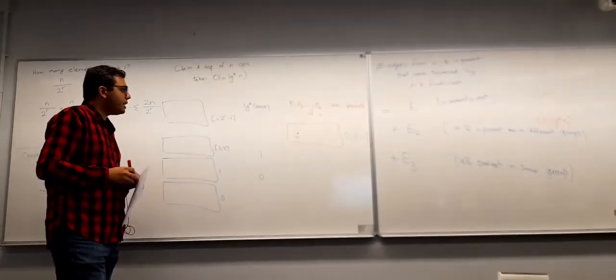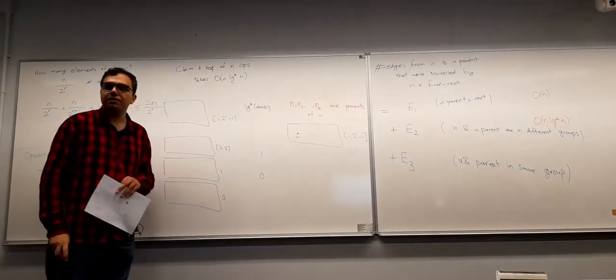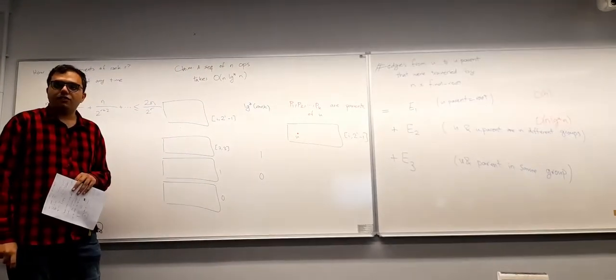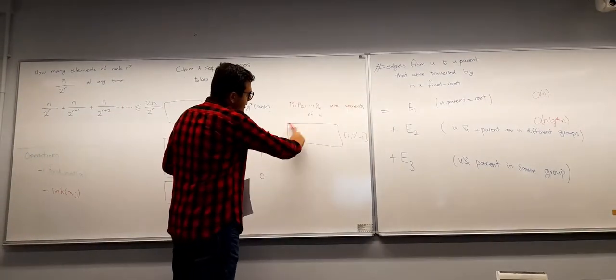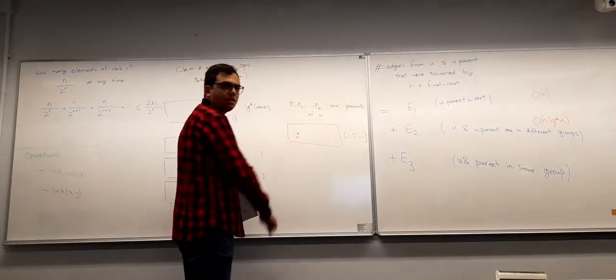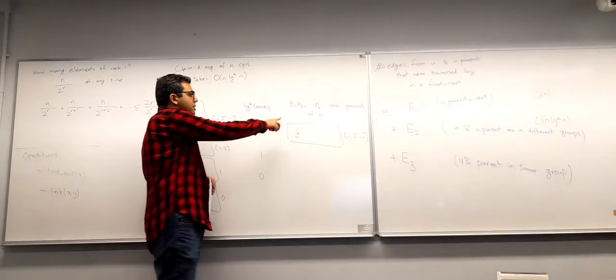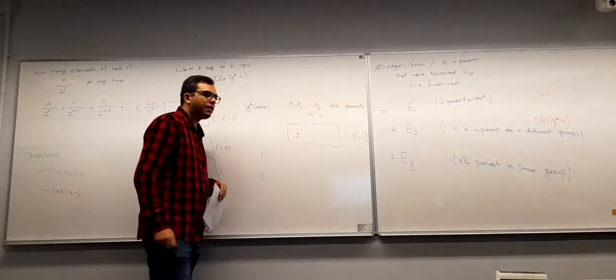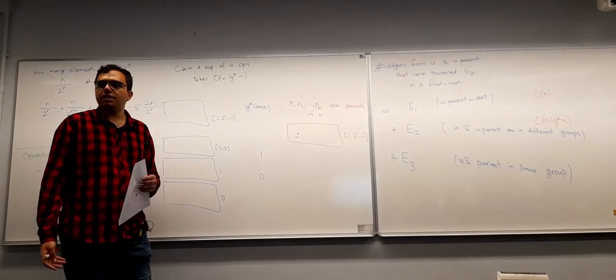Now, what can you say about the rank of P1 to Pk? Well, first of all, we're only counting the cases where the rank is in the same group. But what do I know about these ranks? Do I know, for example, that these ranks are increasing?